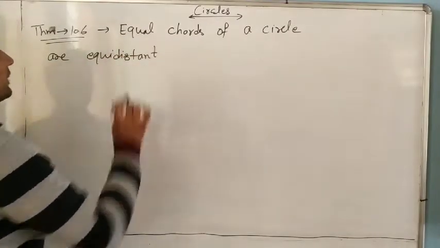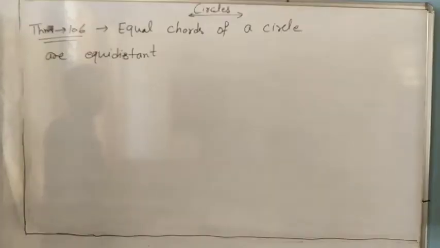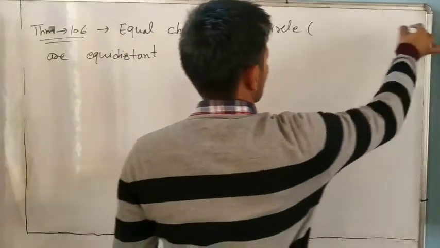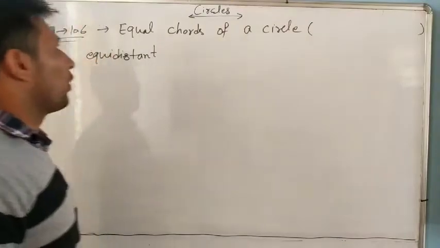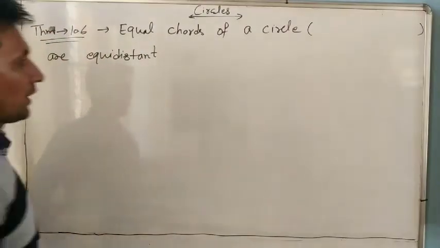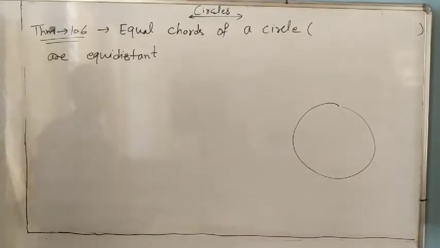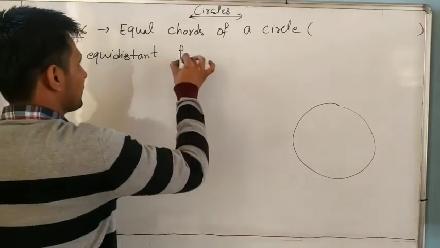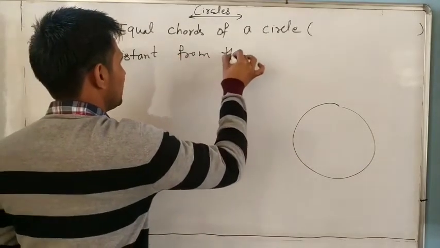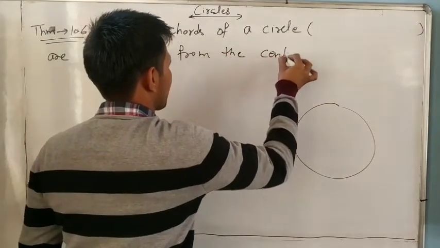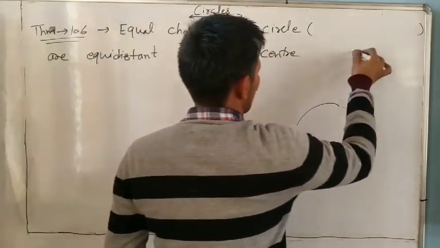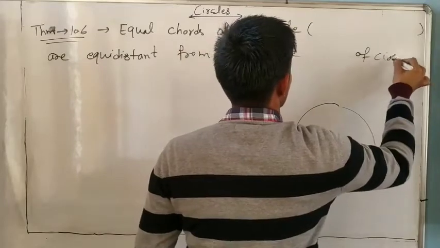Equidistant means equal distance. Any circle is given. Equal chords of a circle are equidistant from the center of the circle.